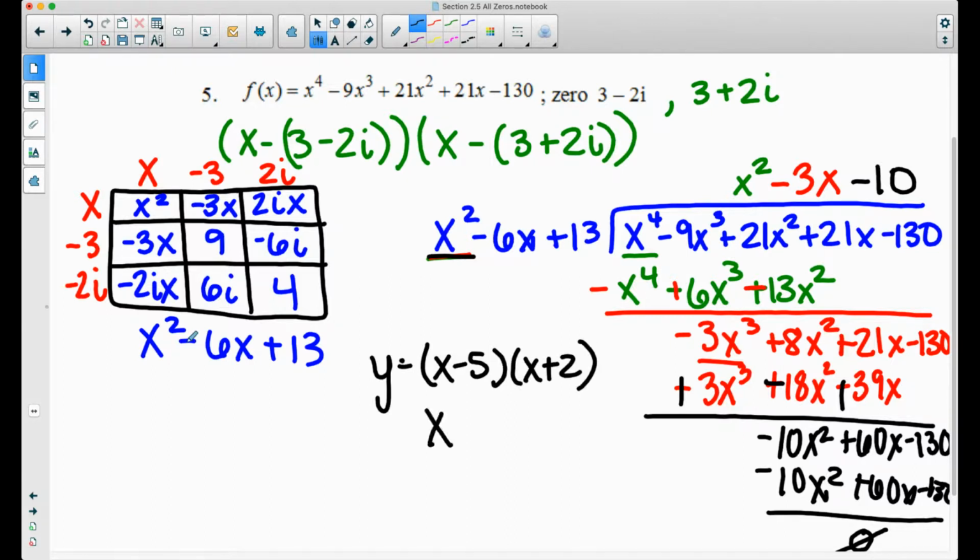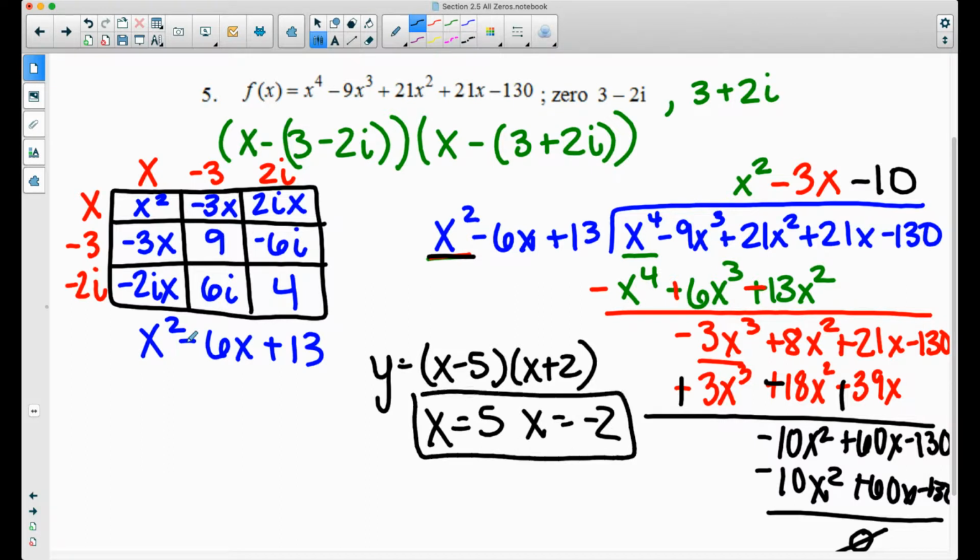So then we just get x equals 5 and x equals negative 2. Why can't you plug it in the calculator? Because this would be on a non-calculator portion. If it was calculator, you would plug it into y equals, you would have gotten those two, and then you have the conjugate and you did no work. That's not the best way.